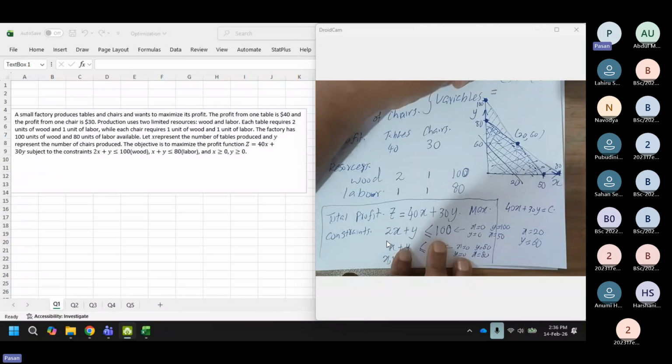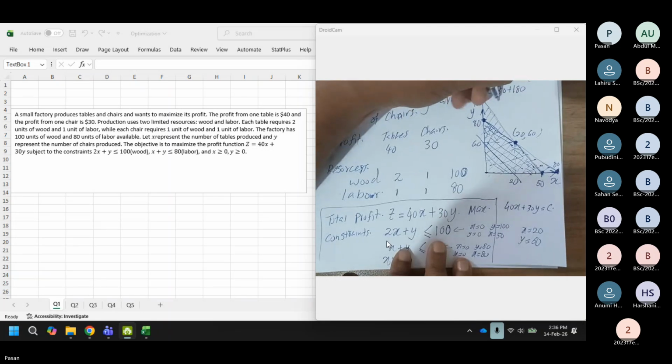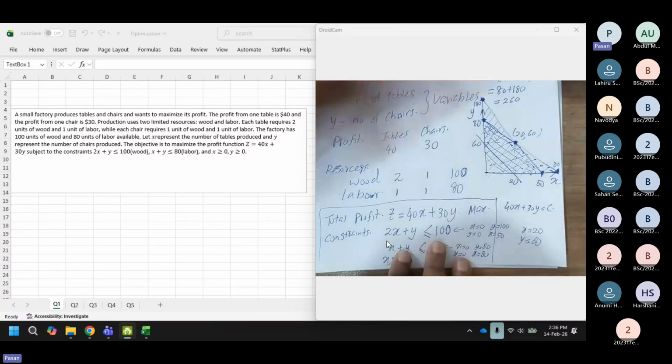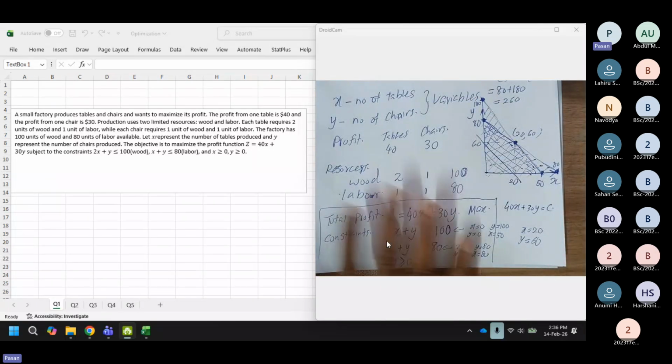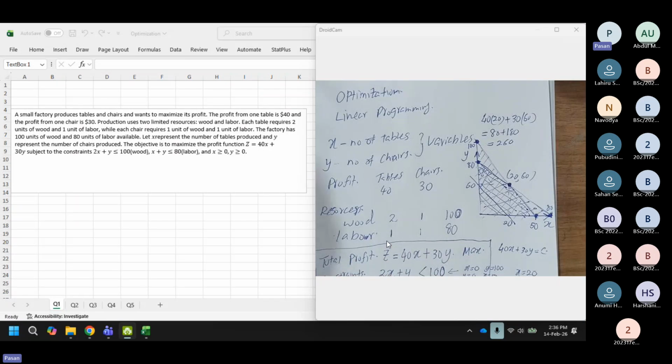So that is 260, right? So the maximum profit is $260, right?